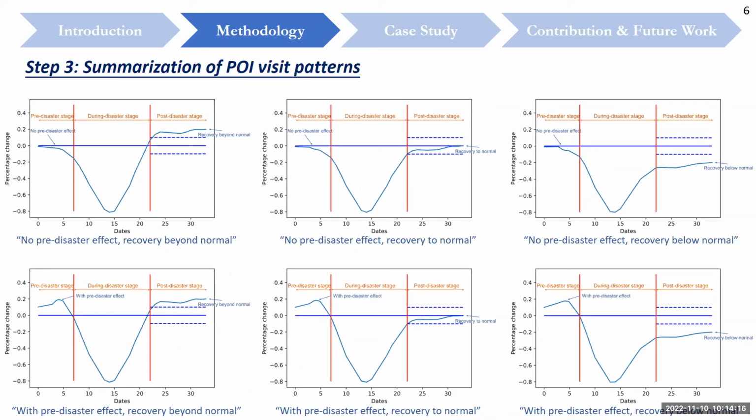It can be no preparation with recovery beyond normal, back to normal, or below normal, or it can be with preparation and recovery beyond normal, back to normal, or below normal. So this is a simple explanation of the methodology.